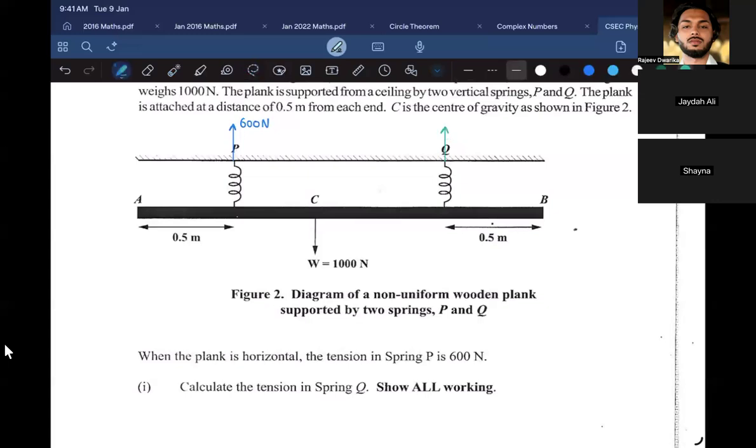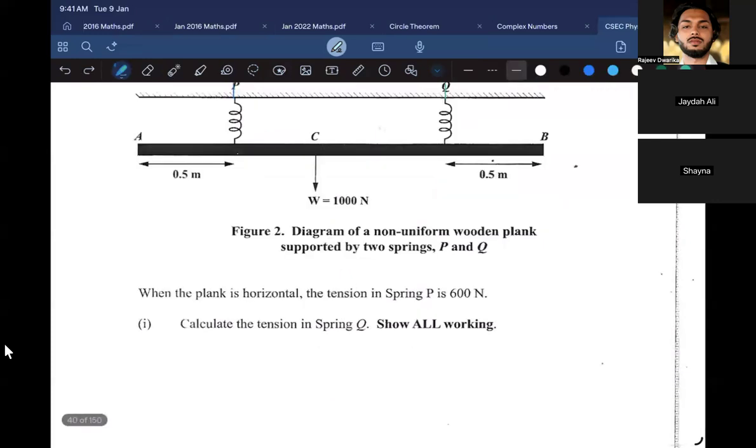Okay, do we know what that force is? No. So we could call it Q. It only makes sense, right? We call it Q. All right, so we don't know what that is. Do we know what this downward force is? Yes.